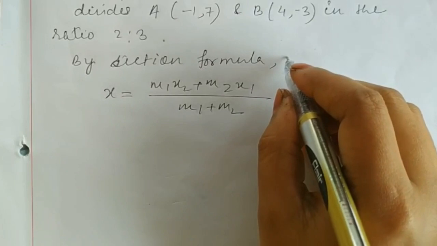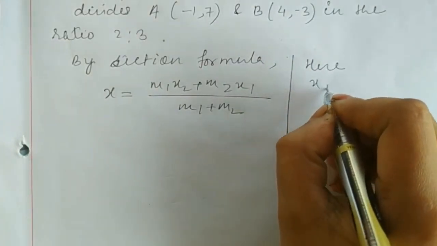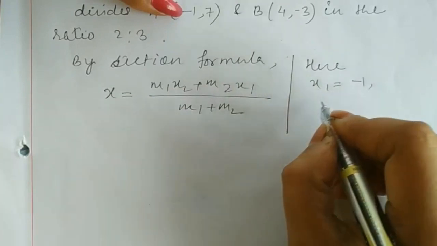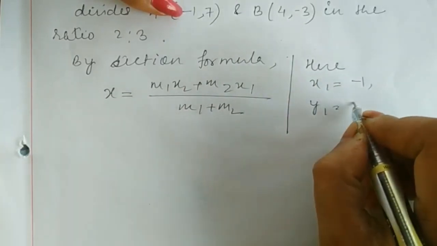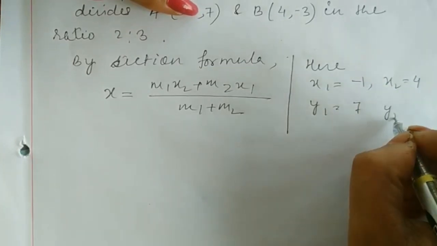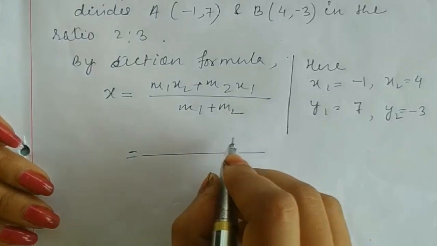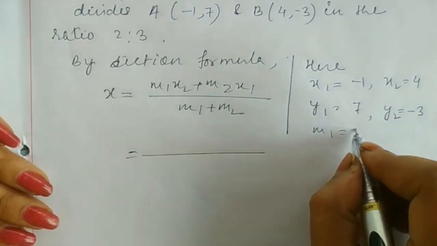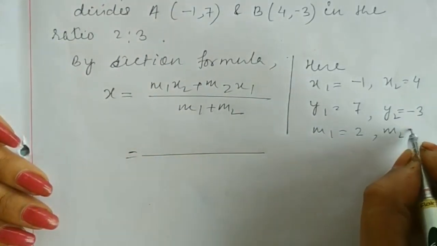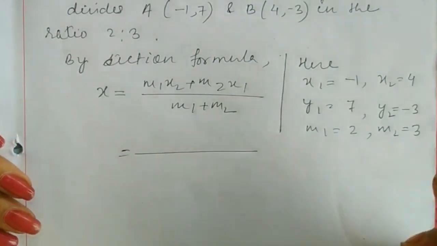And right here x1 equals what? -1, y1 is 7, x2 is 4 and y2 is -3. So just put the values, m1 equals 2 and m2 equals 3.